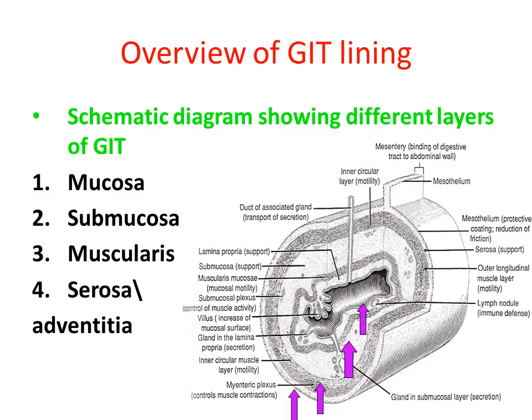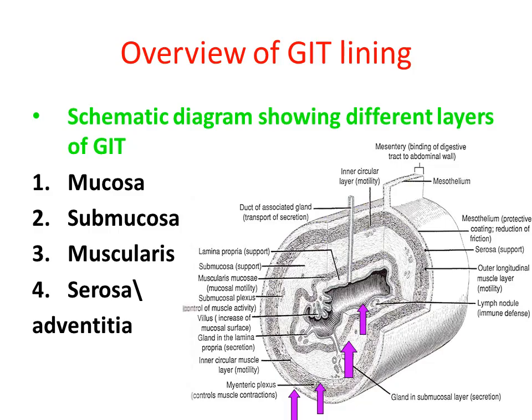Then the submucosa is a very large, huge layer. The submucosa contains submucosal glands and the submucosal plexus in different locations or in different GIT organs. The outermost layer, the third layer, is the muscular layer, containing the mesenteric plexus, as you can see here, and has inner circular and outer longitudinal muscle. And the outermost layer, the outer arrow, is the serosa.